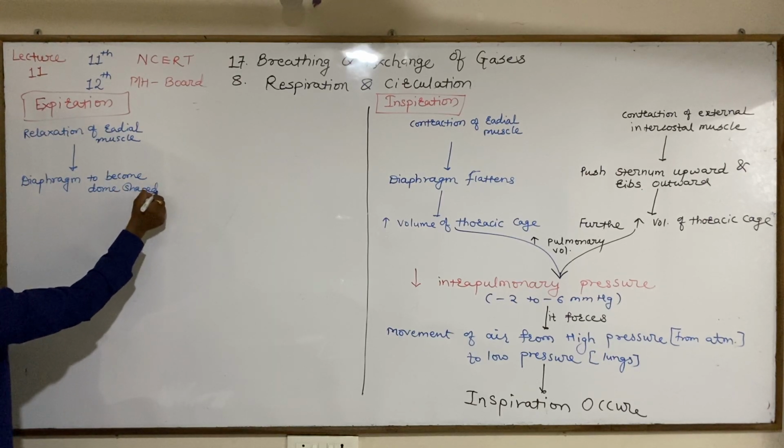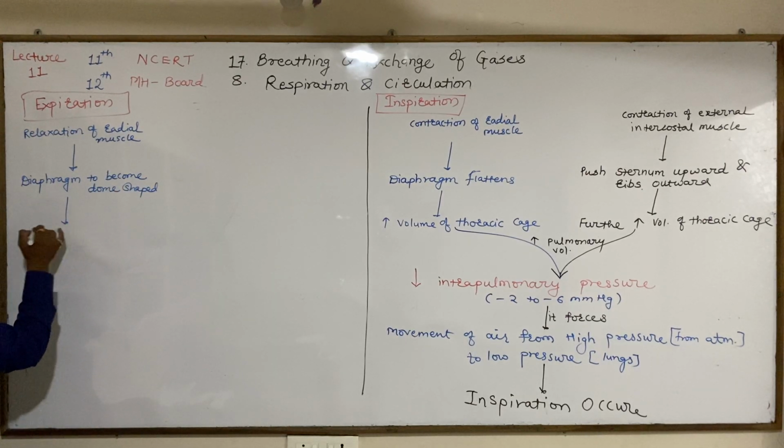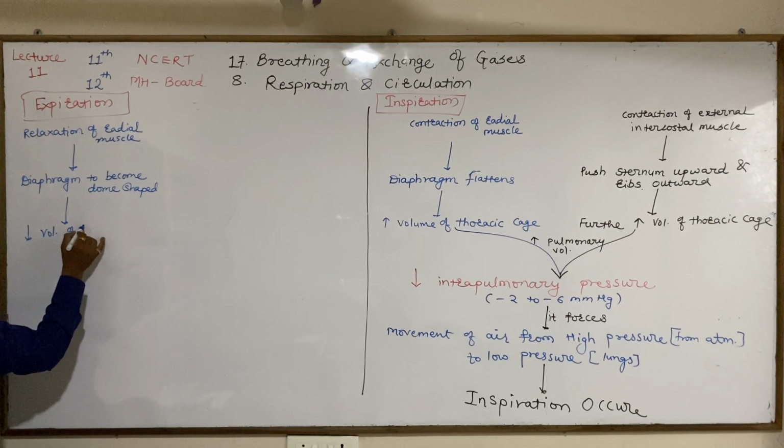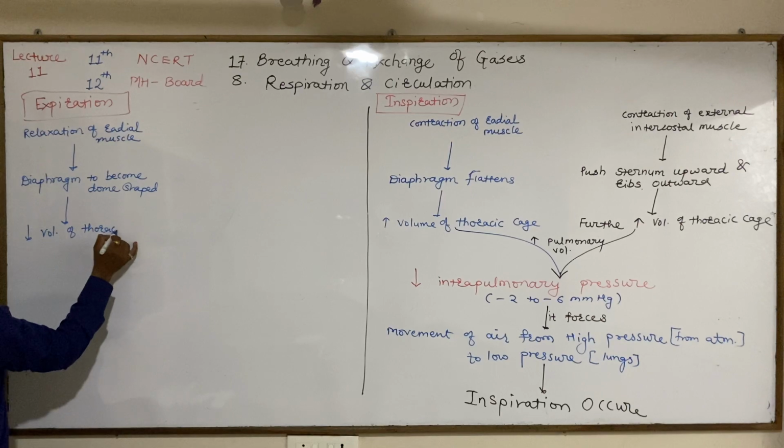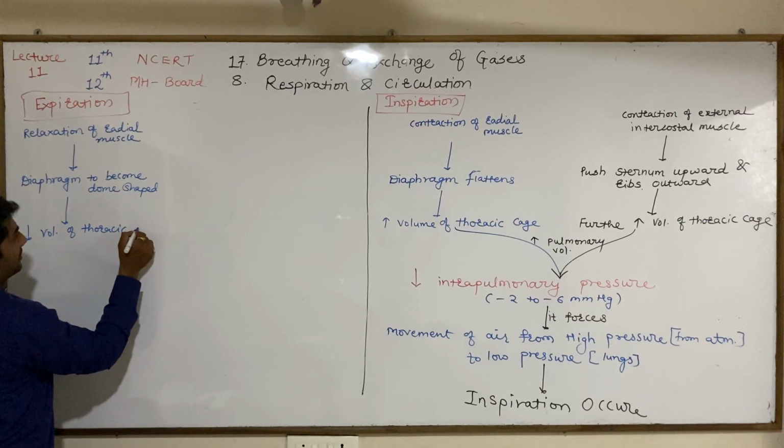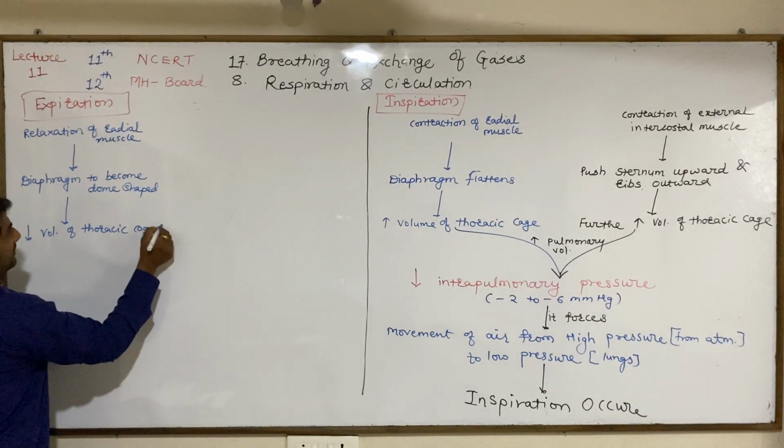Diaphragm again becomes dome shape, and it will cause decreasing volume of thoracic cavity or thoracic cage.